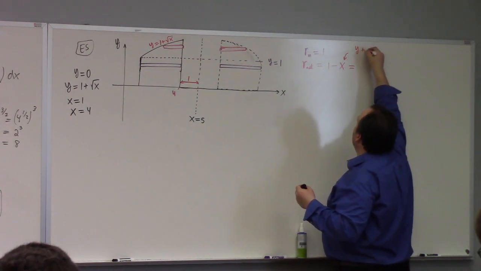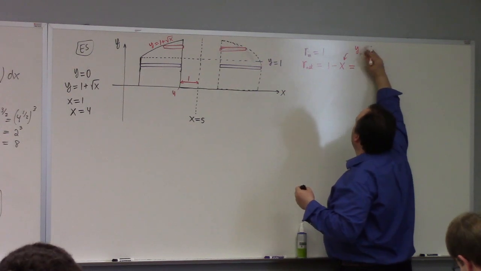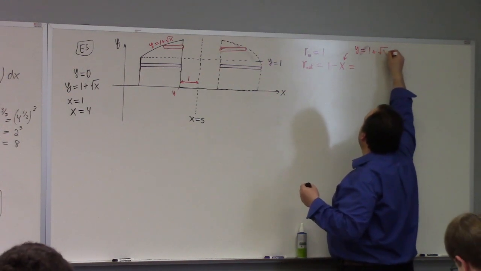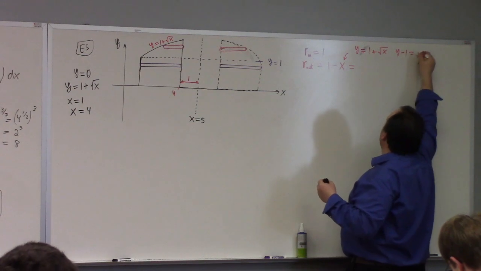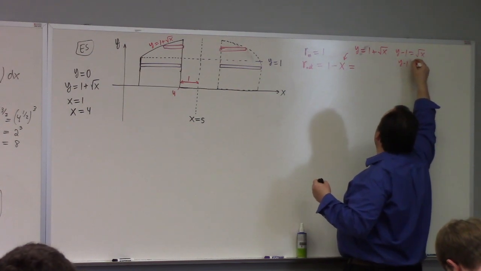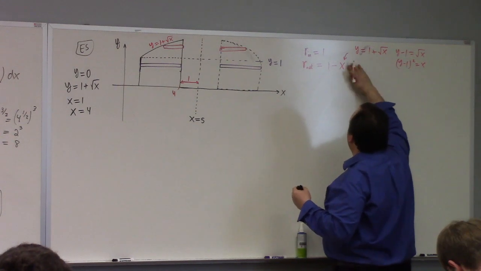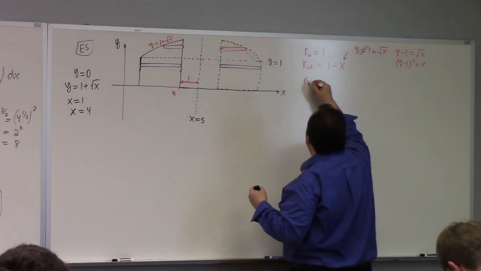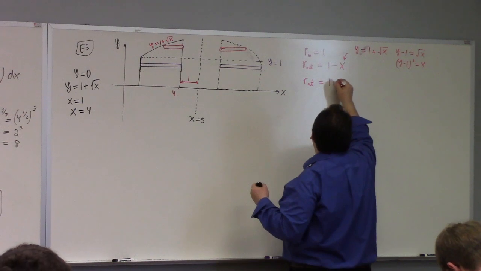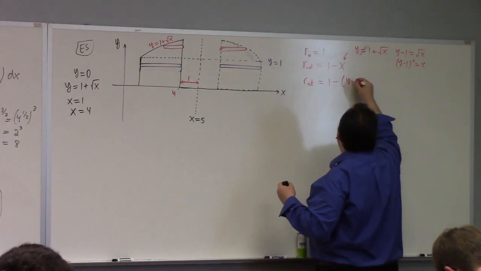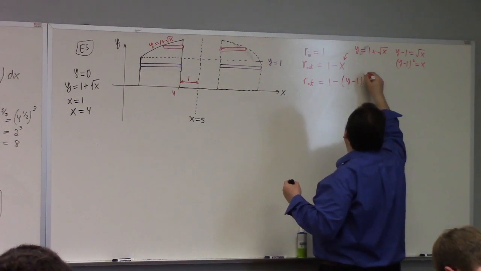So we've got y is equal to 1 plus the square root of x, which means y minus 1 is equal to the square root of x, which means that y minus 1 squared is equal to x. So really, what we want for our R_out in that uppercase is 1 minus parentheses y minus 1 squared.